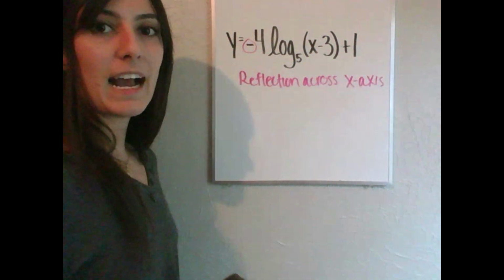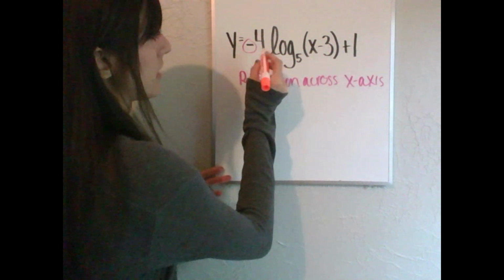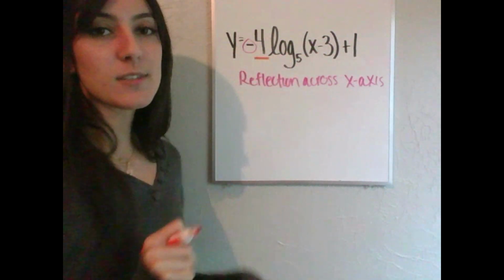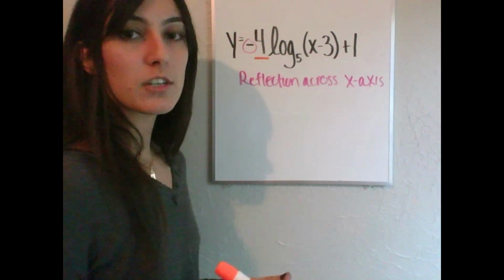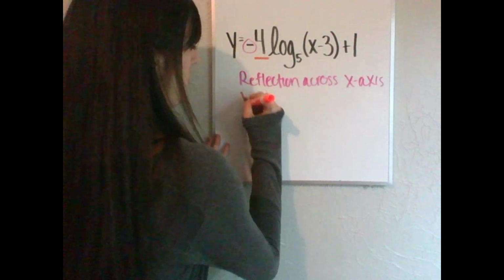And then we have a 4 in front of our log here. That's going to be a stretch by 4, a vertical stretch by 4.